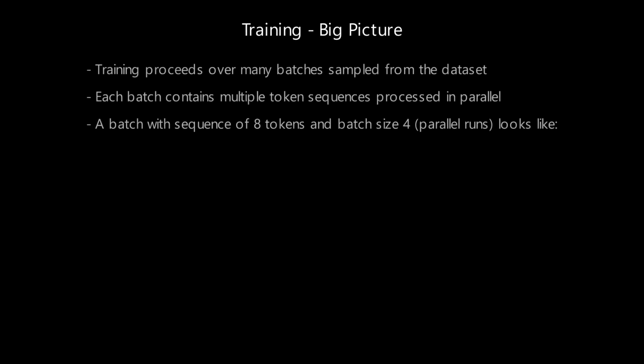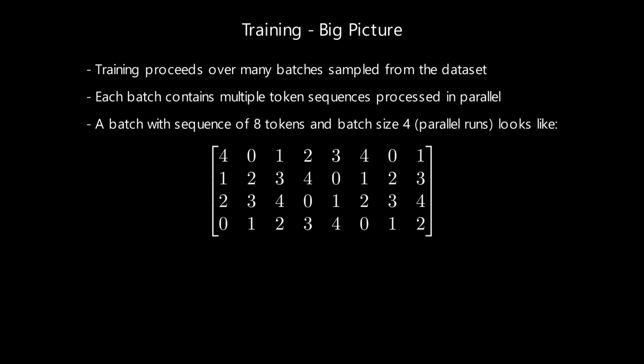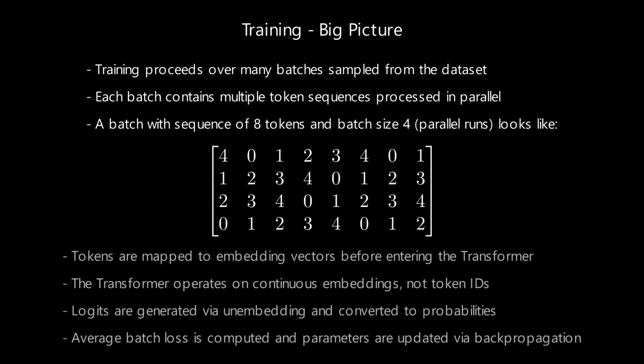So, how does this training happen? It does not happen on the entire dataset at once. Instead, it happens in batches. Each batch contains multiple token sequences processed in parallel. For example, here we see a batch with 8 tokens per sequence and 4 parallel sequences. Each token is first expanded into its embedding vector. The transformer operates on these continuous vectors.